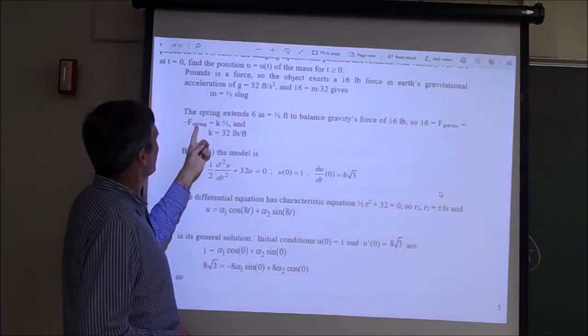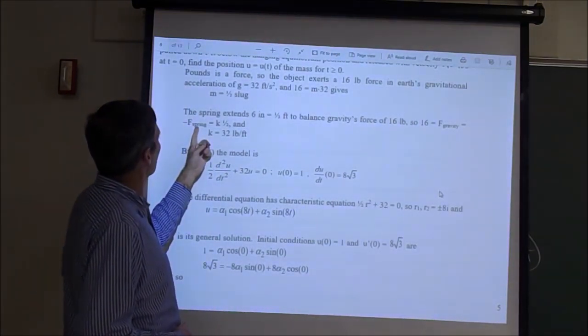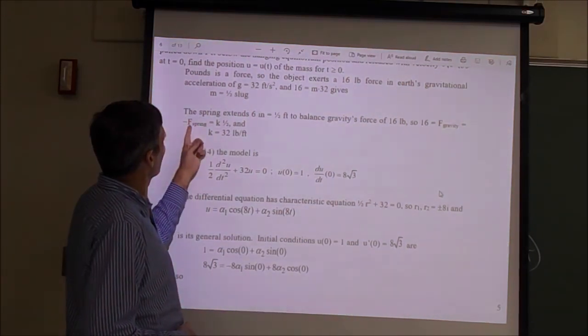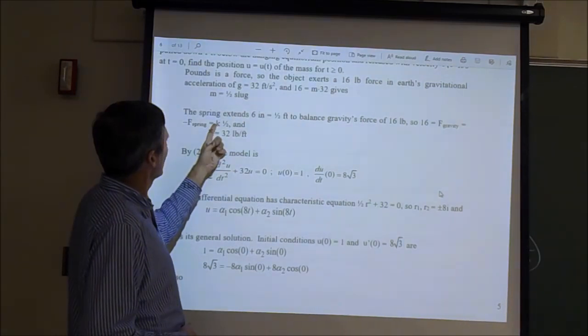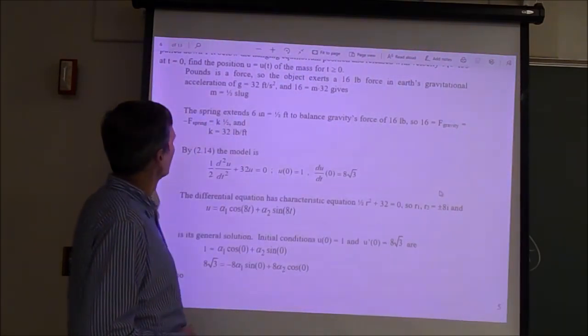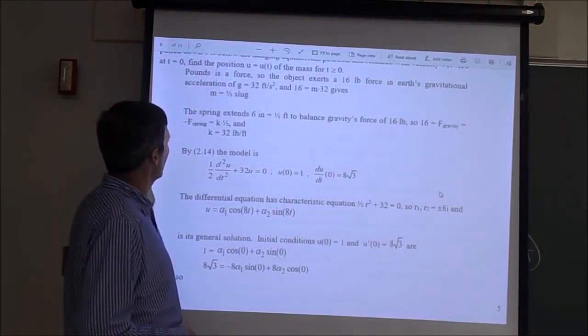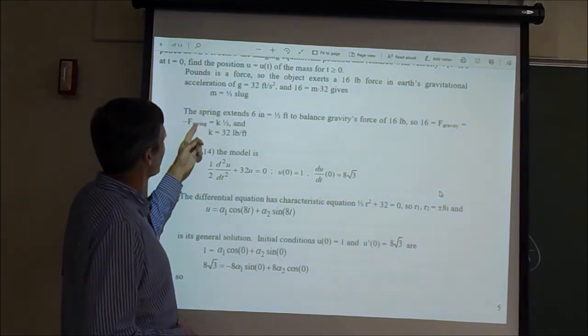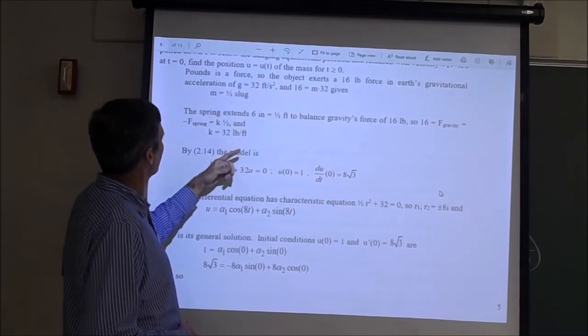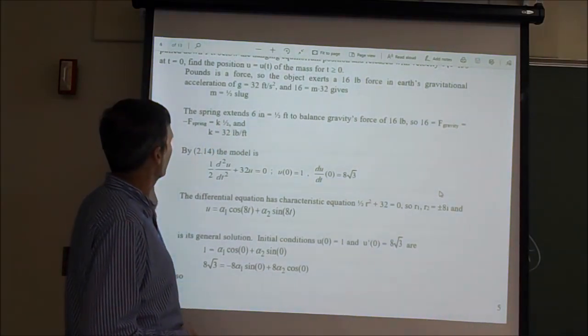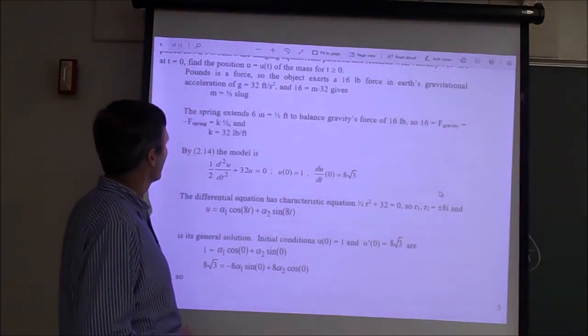So the spring force, minus k times the displacement, k times 1/2. If the spring force is 16, and that's equal to k times a half, you get k equals 32 pounds per foot.